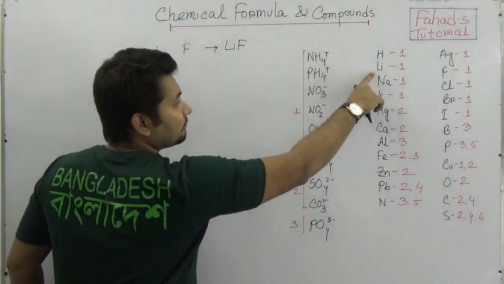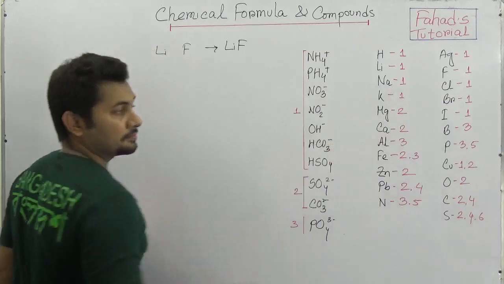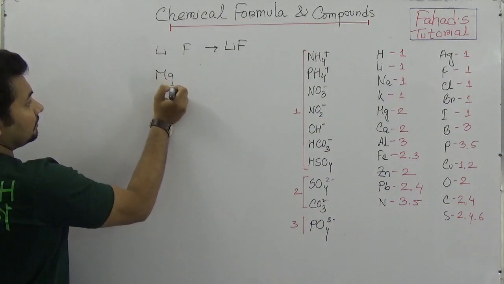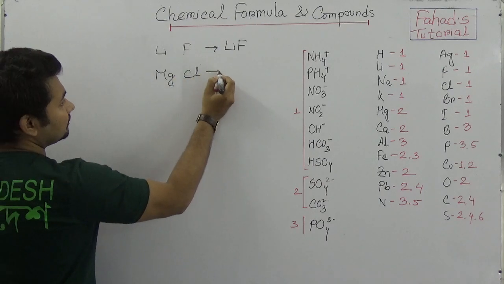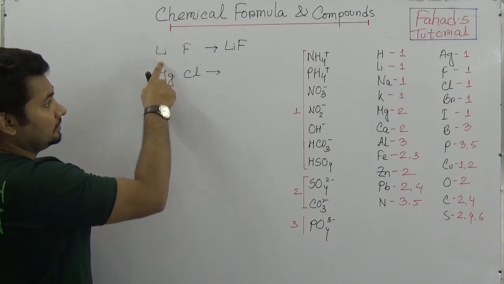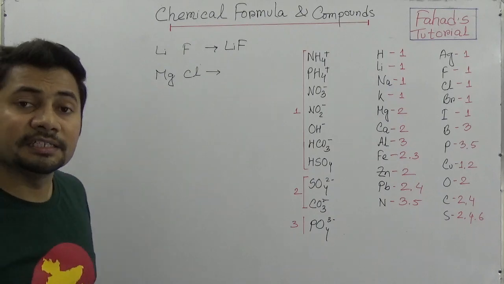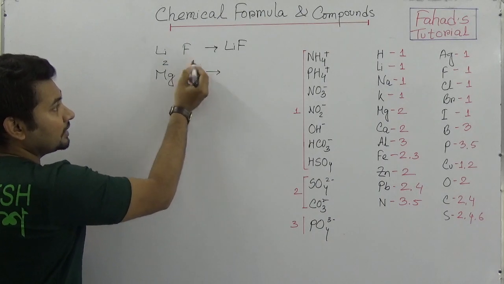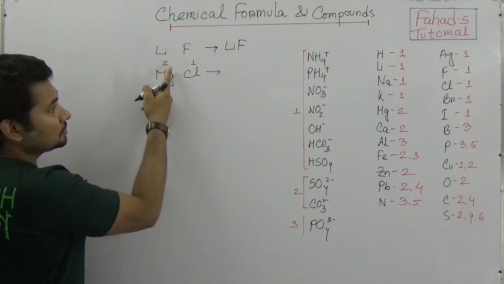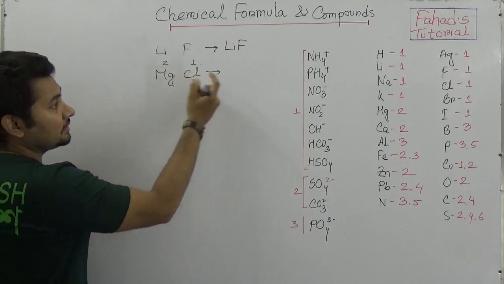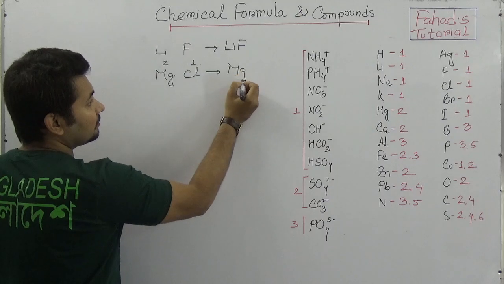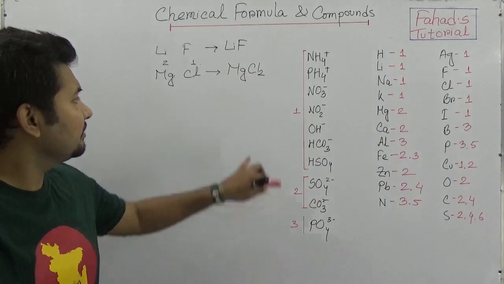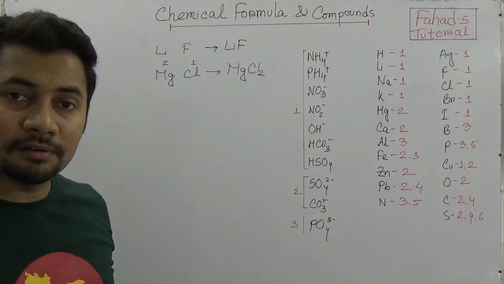And if magnesium was added with chlorine, the valency of magnesium is 2 and chlorine is 1. Then we exchange, so this 2 should come here and this 1 is here, then it would be MgCl subscript 2. And this is the chemical formula of magnesium chloride.